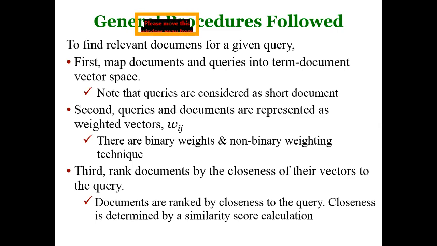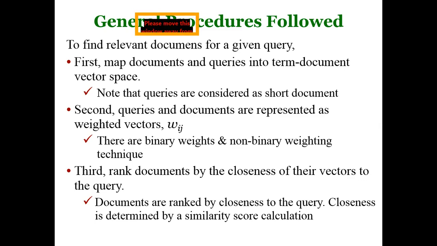In the case of non-binary, we take into account the frequency of occurrence of every term in every document. Frequency may be term frequency or document frequency. Based on term frequency and document frequency, we can calculate inverse document frequency and term frequency-inverse document frequency, called TF-IDF, the well-known one.